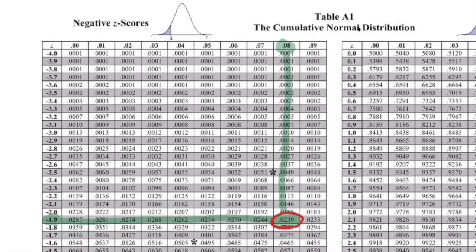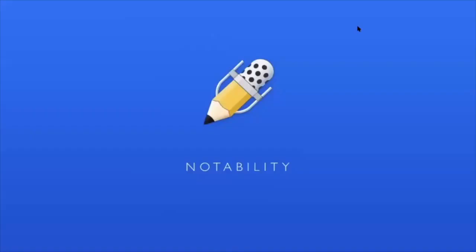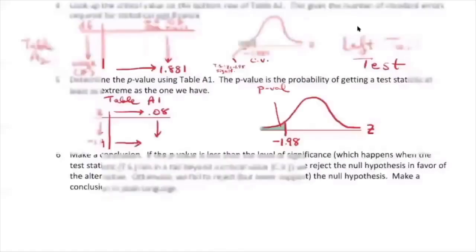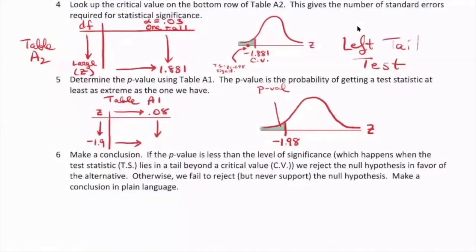This table gives areas to the left, so that's a good number right there. That's our p-value. Okay, any questions? All right, so 0.0239. That's our p-value. Any questions?